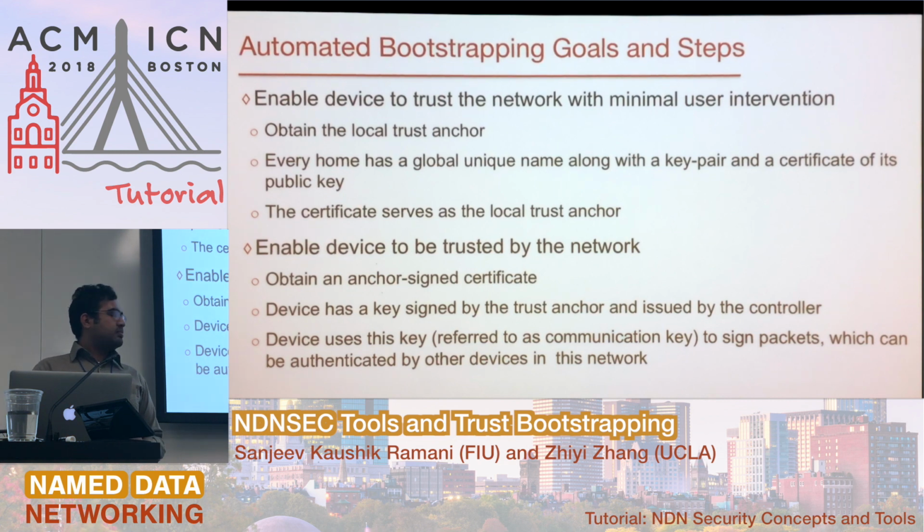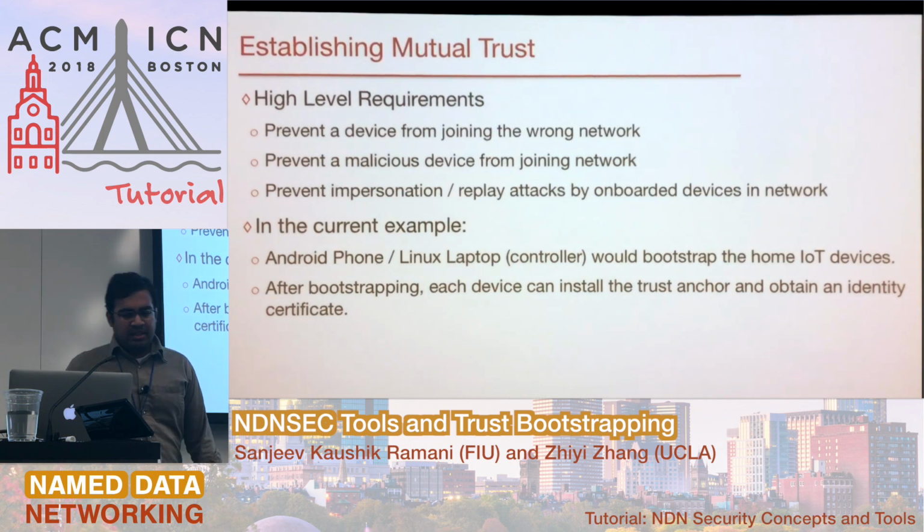For this, you need an anchor-signed certificate, and the device has a key signed by the trust anchor, which, like I told you, is issued offline to the controller. We'll see the process further in the coming slides.